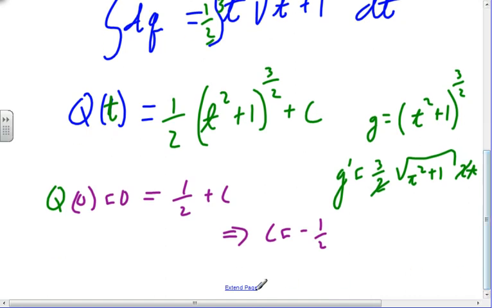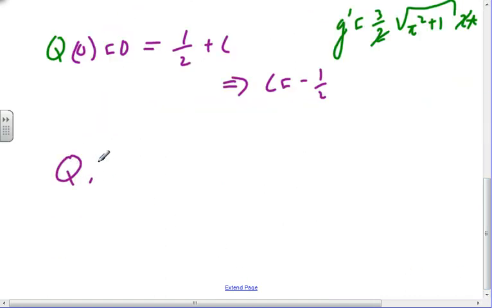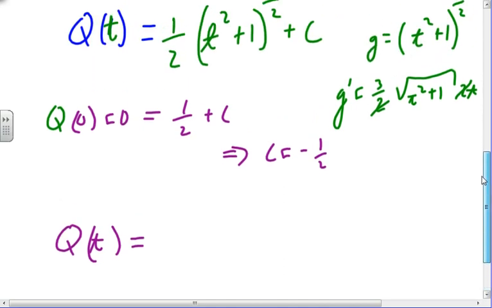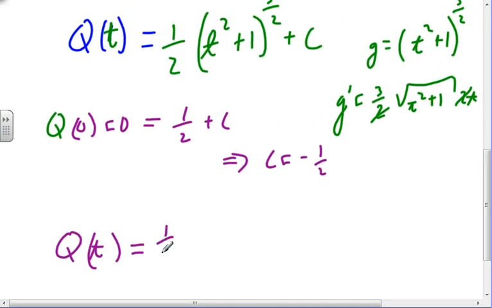Okay, so q at t is going to be 1/3 t squared plus 1 raised to the 3/2 minus 1/3.